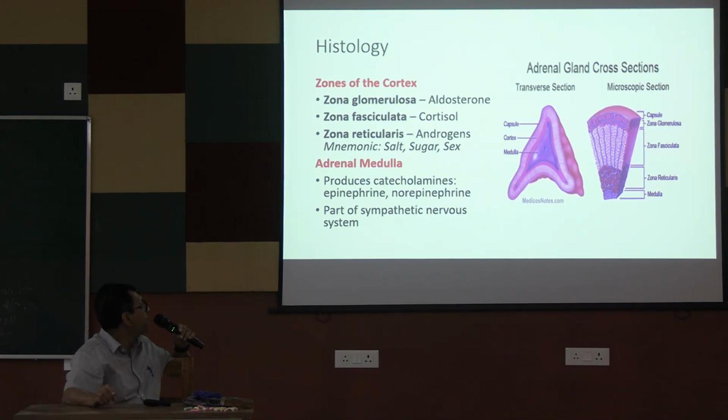It is a part of the sympathetic nervous system. It's an isolated part of the sympathetic nervous system which secretes epinephrine and norepinephrine. If the tumor arises from this part of the adrenal gland, it produces mainly catecholamines which produces severe effects on the body, which we will discuss later on.